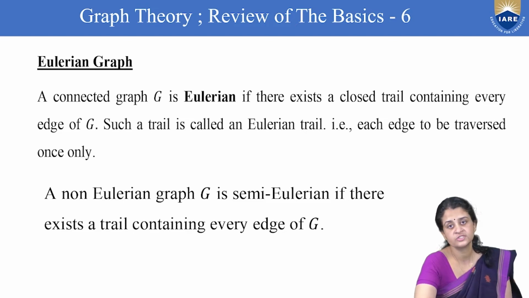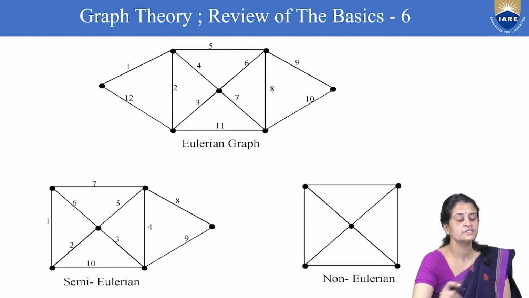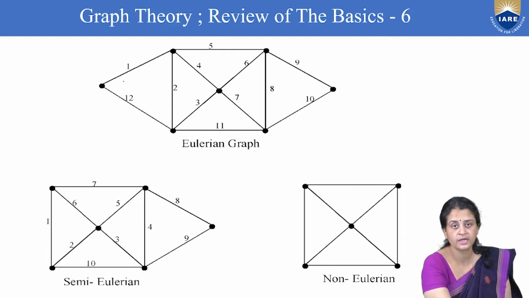For now we will see what is a semi-Eulerian graph. A non-Eulerian graph G is said to be semi-Eulerian if there exists a trail containing every edge of G. That is, it's not a closed trail, but it travels through every edge of G. We will see with examples. Consider this first graph. Here I have numbered the edges just to show how a trail will be going on, like this: 1, 2, 3, 4, 5, 6, 7, 8, 9, 10, 11, 12.